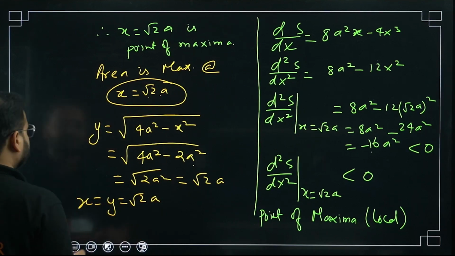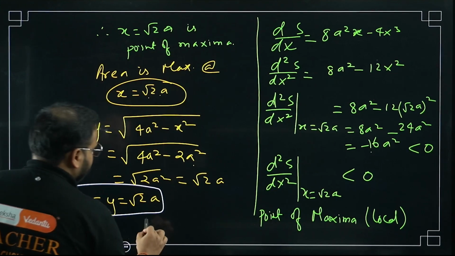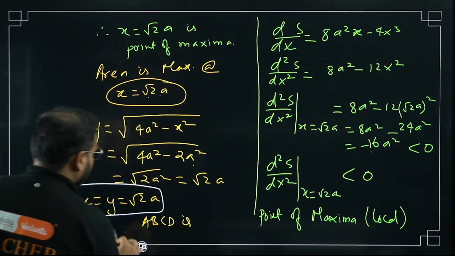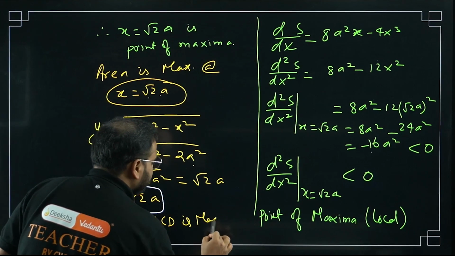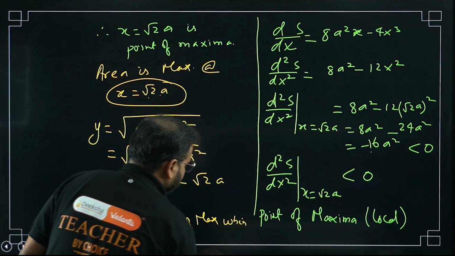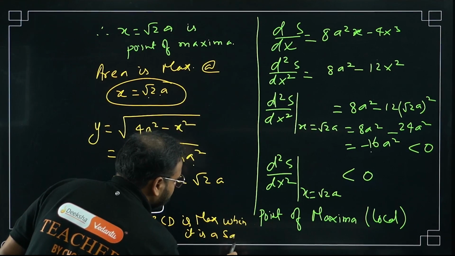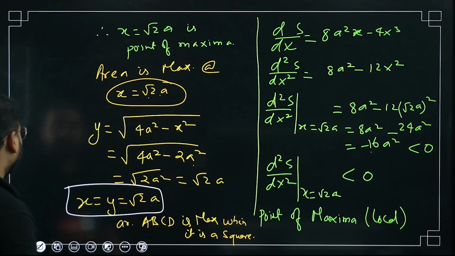It means x and y are equal, which means the area of ABCD is maximum when it is a square. That's what we were proving.